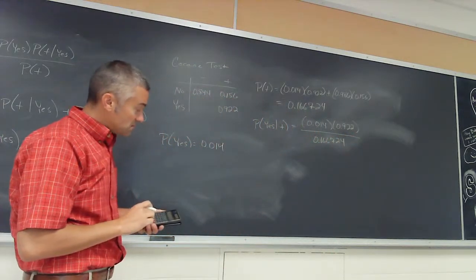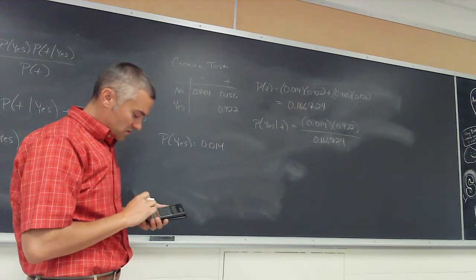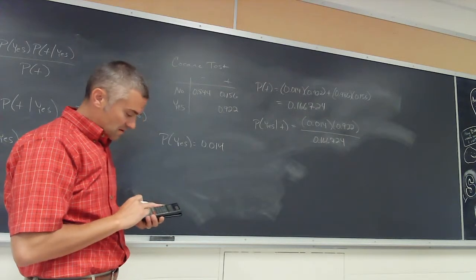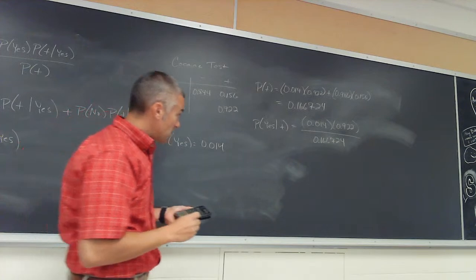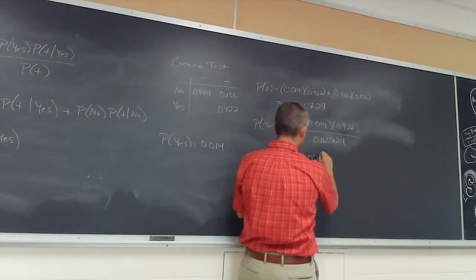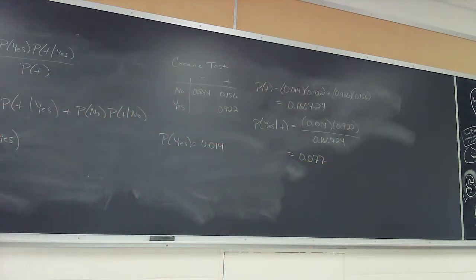So 0.014 times 0.922 divided by the total. That's how you get out of it. So, a 7.7% chance to have it.